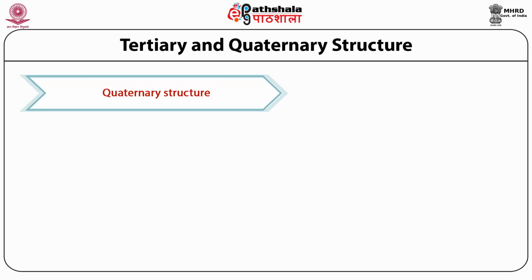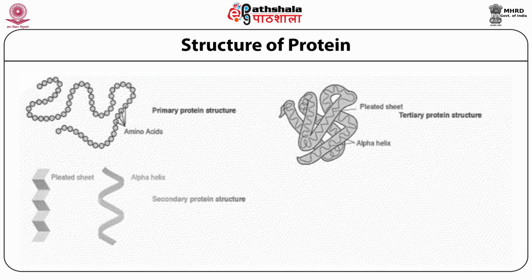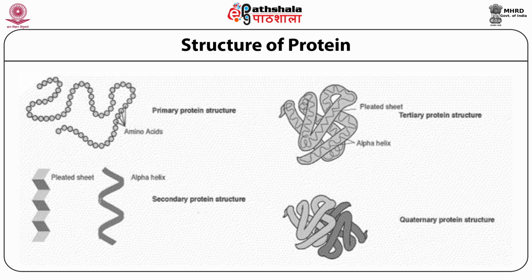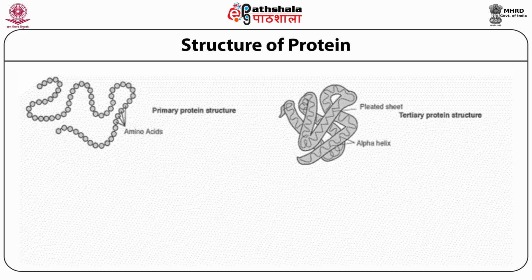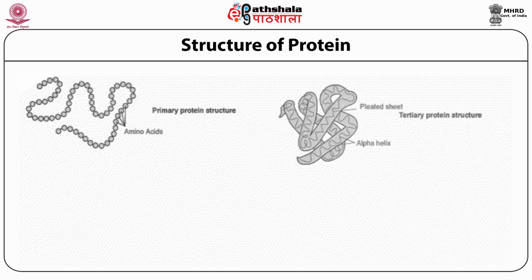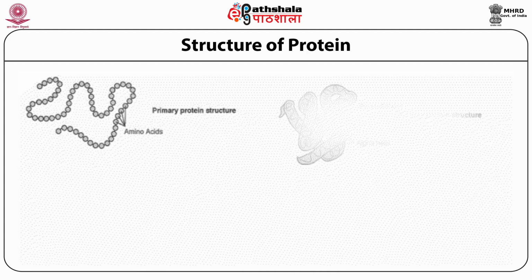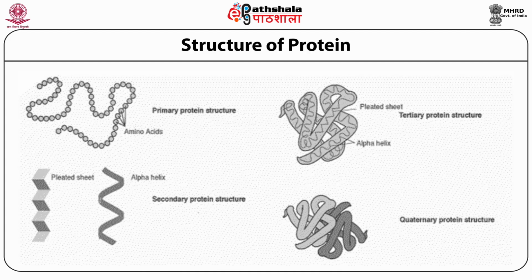Quaternary structure is nothing but the joining of two or more polypeptide chains together with the help of either non-covalent aggregation or disulfide bonds. This figure shows the various levels of protein organization. Primary structure, as you can see, is the simple adjoining of the amino acids. Secondary structure, either alpha helix or pleated sheets, is simply the coiling or folding of the primary structure.